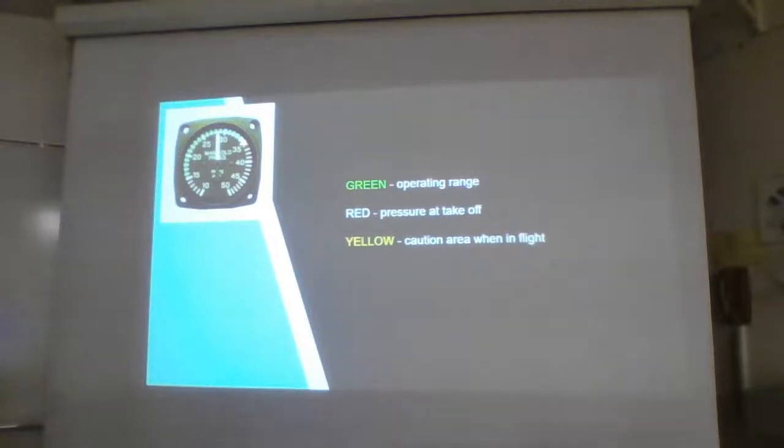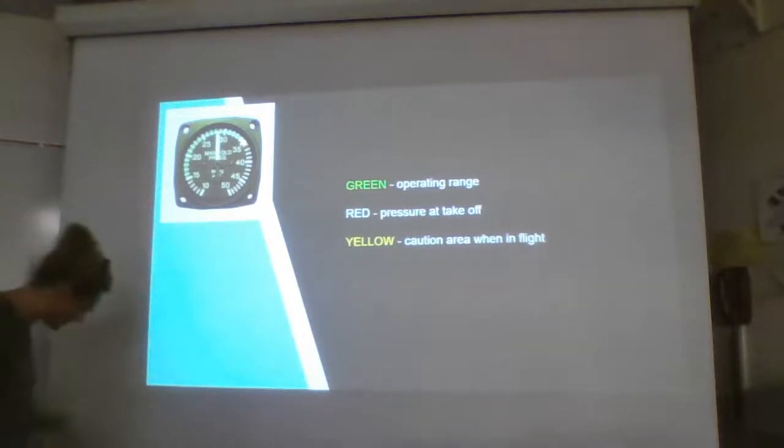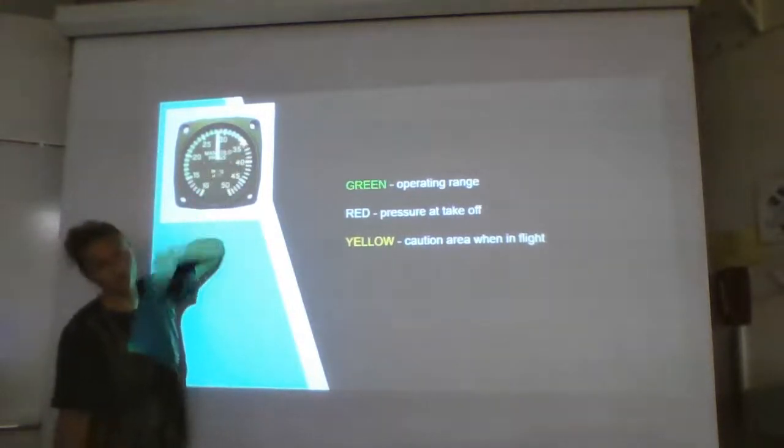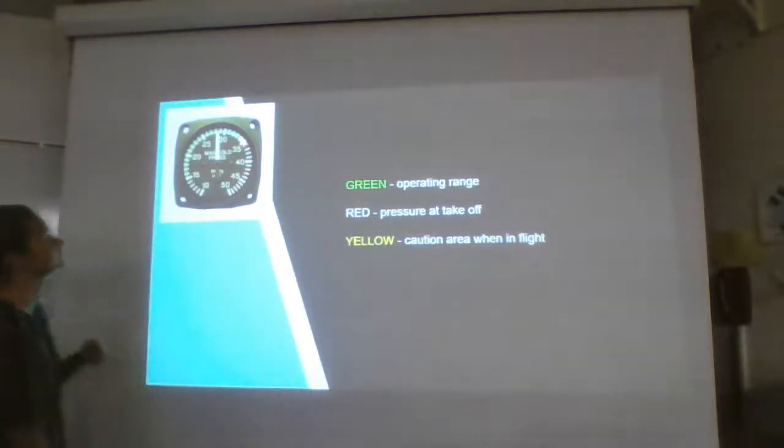So don't get it mixed up with the engine oil pressure gauge, where we have a max and a min that our engine oil pressure should not exceed or fall below. The red line for the manifold pressure gauge is what we should be at for our takeoff.